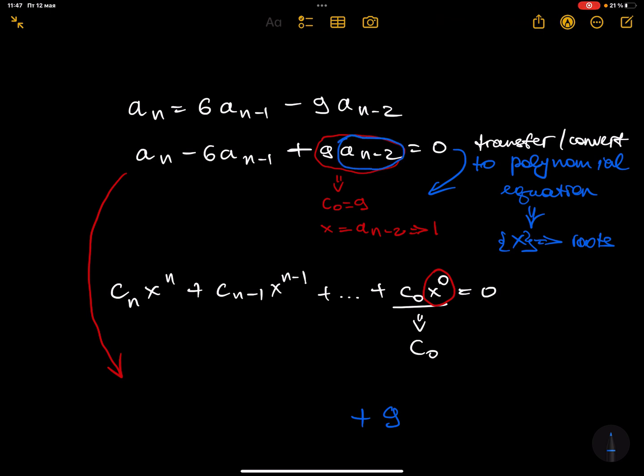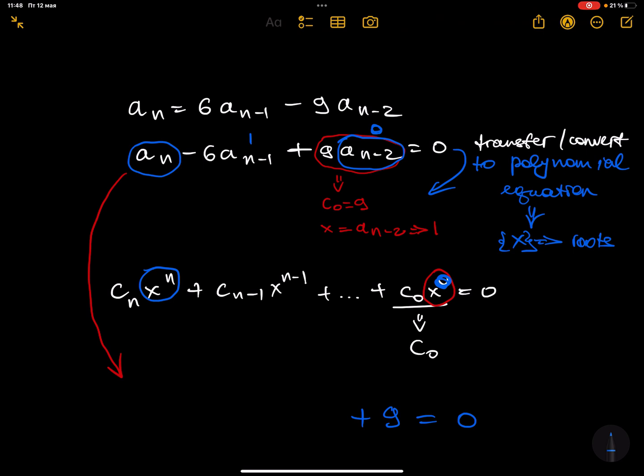I won't write this because it is in the power of 0. Again, this is gonna be just 1, so I don't need to write it. So now our xn is gonna be this one. What's gonna be our n? Our n is gonna be 2, because we have 3 elements, right? This is in the power of 1, and this is in the power of 0.